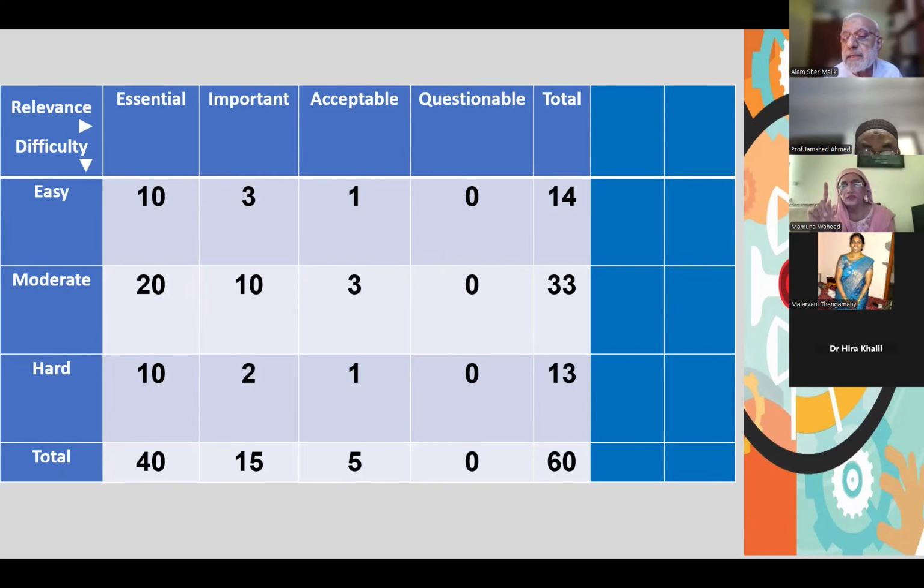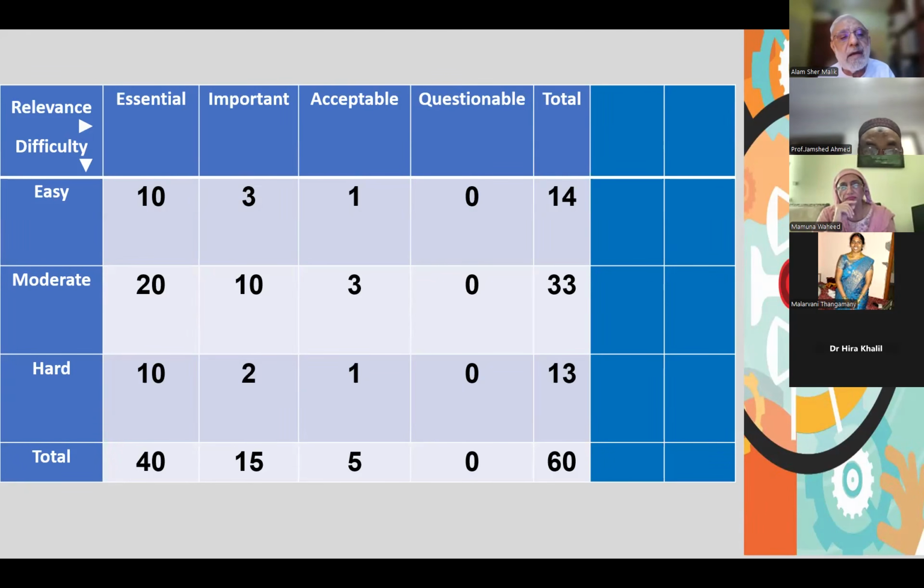Sir, one question. Yes. What is the difference between important and acceptable? Let's say we see one question is essential, that a student must know. The other is important, that yes, it is important to know, but not really a life-threatening kind of situation.